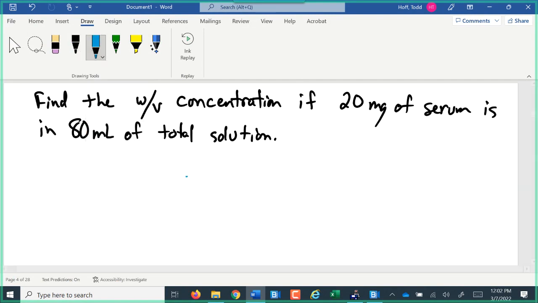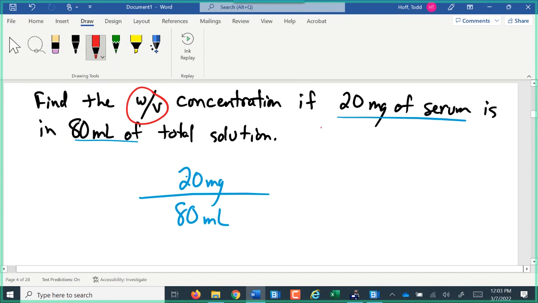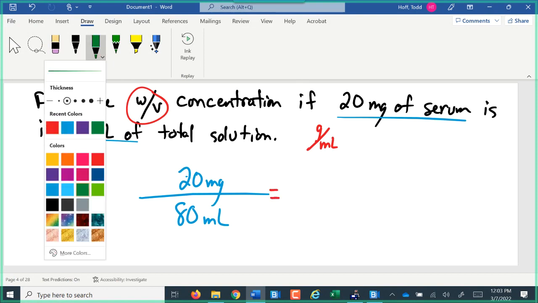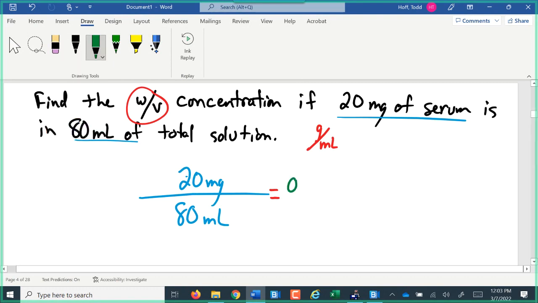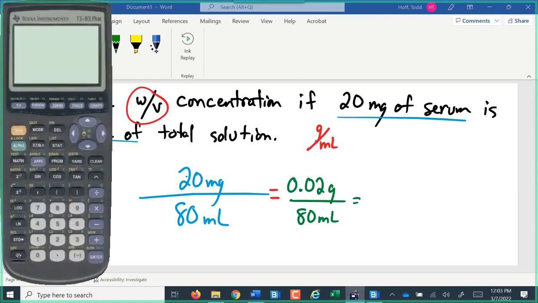So we're going to set this up. We've got our amount of serum is 20 milligrams. Total solution is 80 milliliters. Looks great at first until you remember that our comparison for weight and volume is always weight in grams to volume in milliliters. So before we can divide this out, we have to make that conversion. 20 milligrams is 0.02 grams for 80 milliliters. Now we can divide that out.